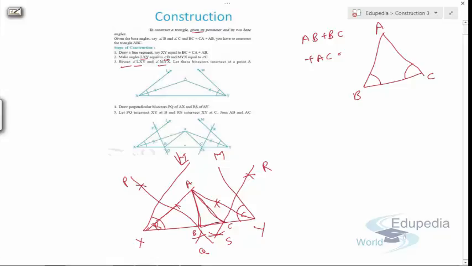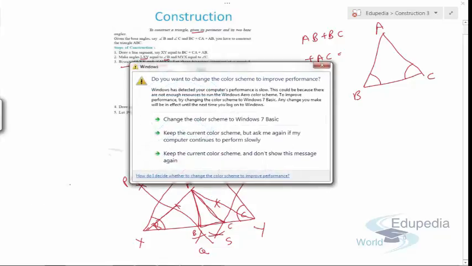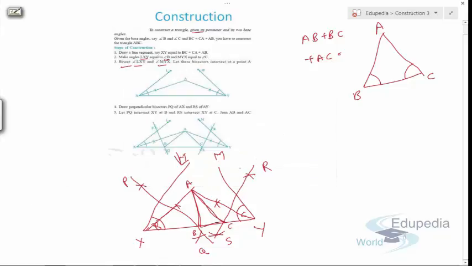Now our next step is we need to justify the construction we have done. So how can we justify? Let's say it's given that BC plus AB plus AC equals BC, this part, plus XB, this part, plus CY, right?